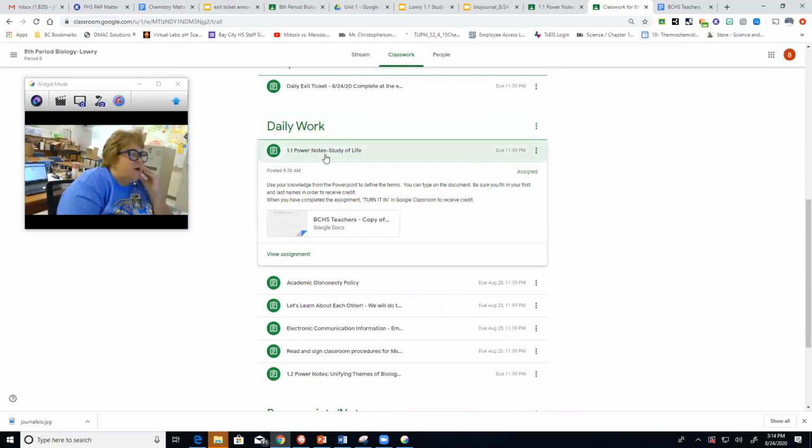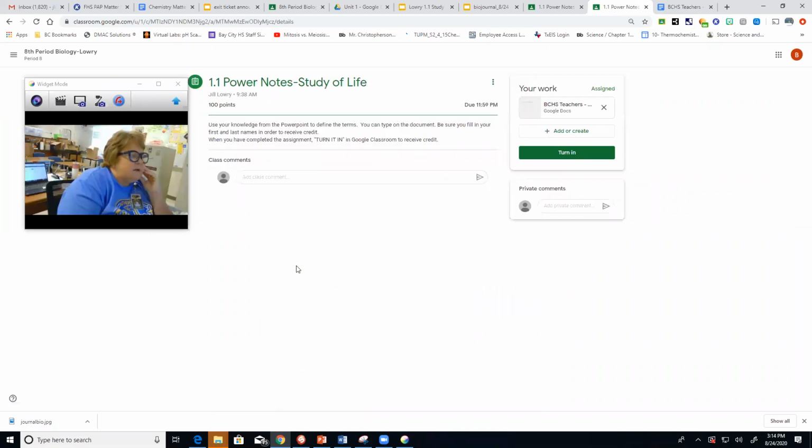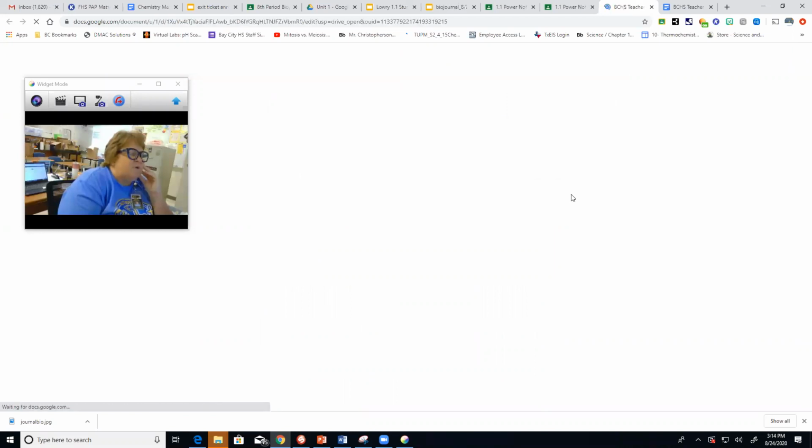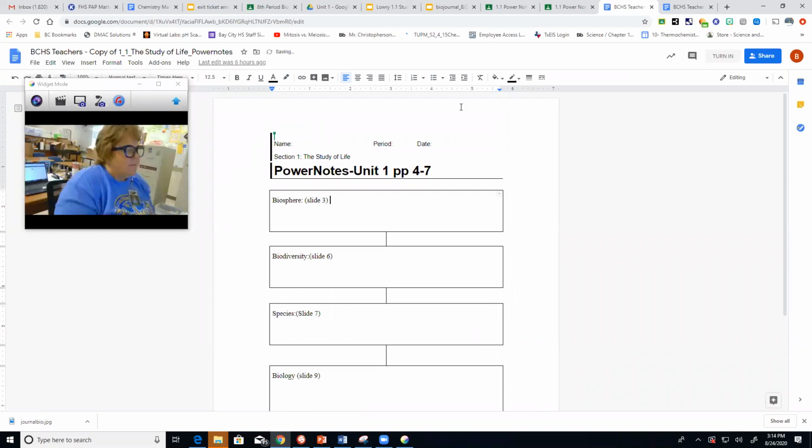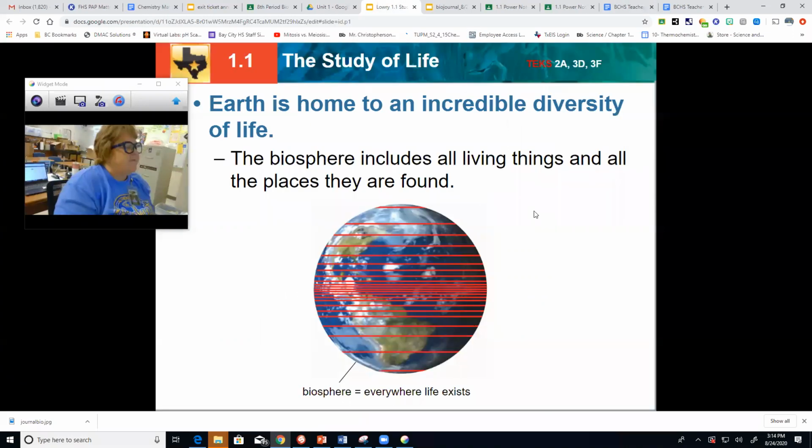Okay, then open up the one that says power notes and come down to where it says view assignment at the bottom of that square. Open that up and there should be a little square on your right hand side that says your work. And if you'll open that up, you should see the assignment that looks like this. So you're going to start off with typing here, biosphere. And there's your definition for biosphere. Includes all living things and all the places they are found.